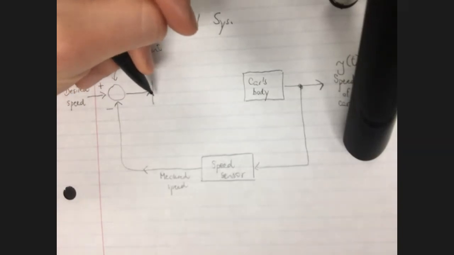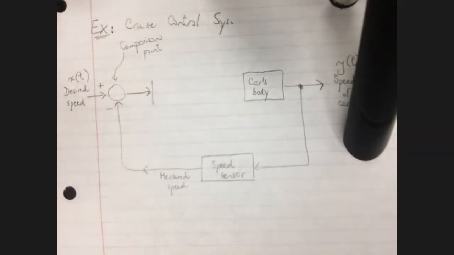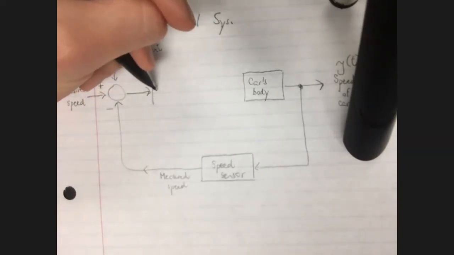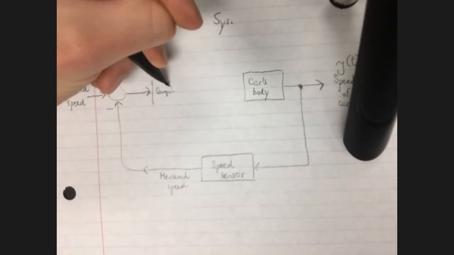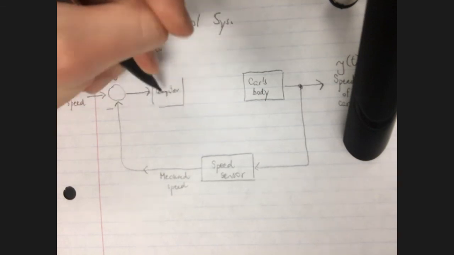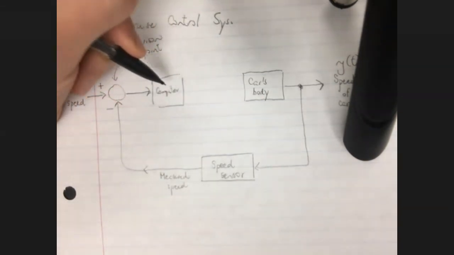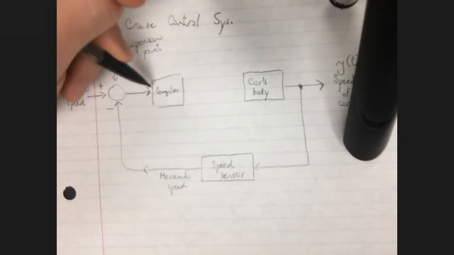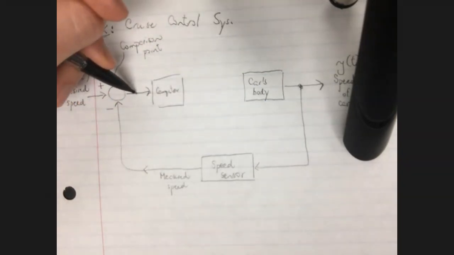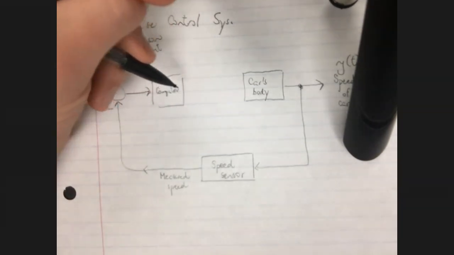This usually goes to a computerized controller that, based off of the decision, gives an instruction to the car. So I'll say here it goes to, let's say, computer. And this computer is just going to decide, depending on how big the signal is, whether it's big, small, positive, negative, what to do, whether the car needs to slow down or speed up.